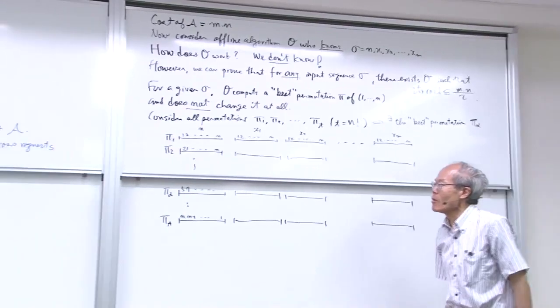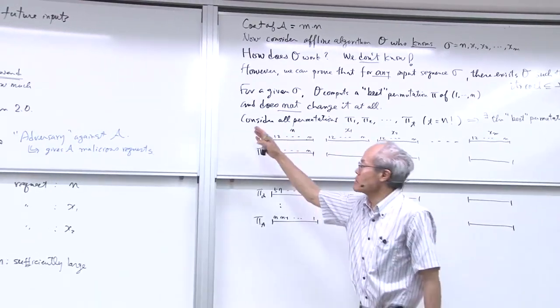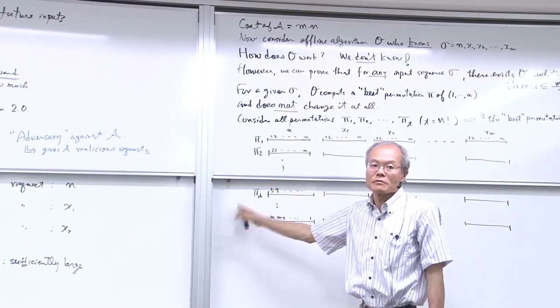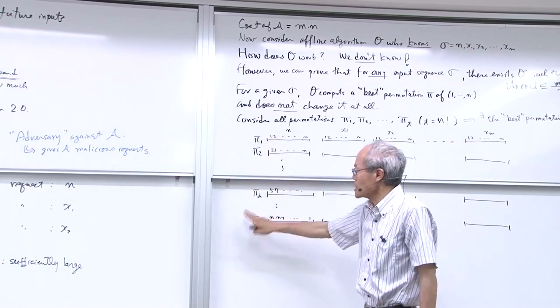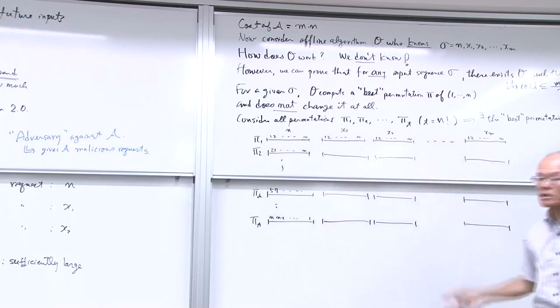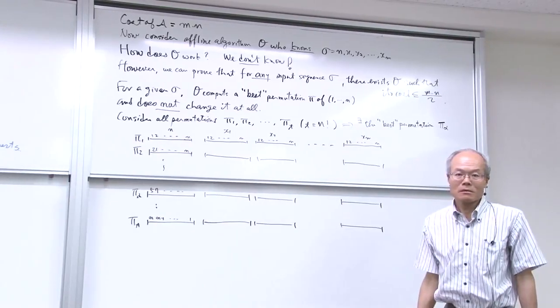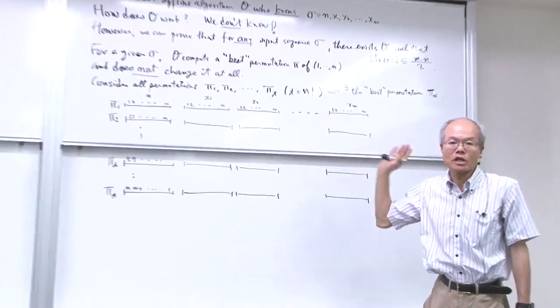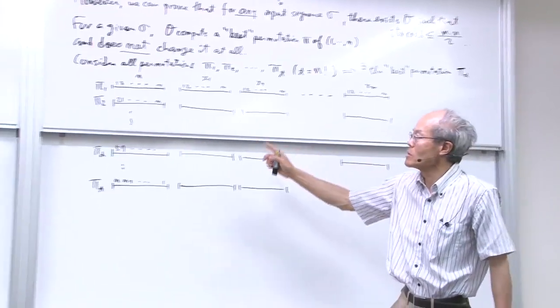The algorithm O computes one of these permutations that should be best for this sequence. Then we don't touch the sequence at all.